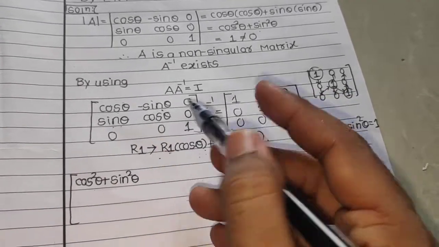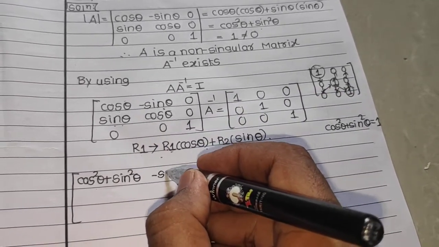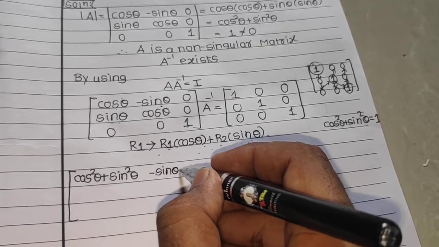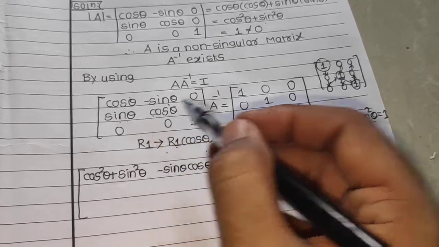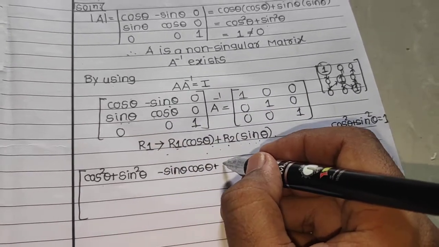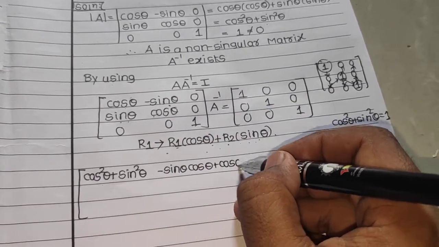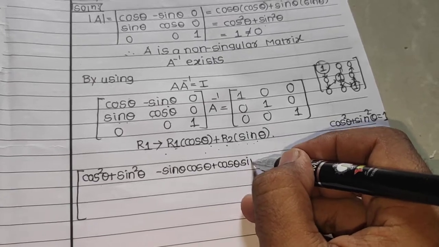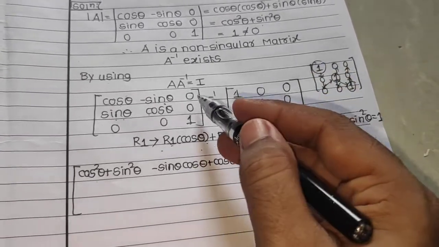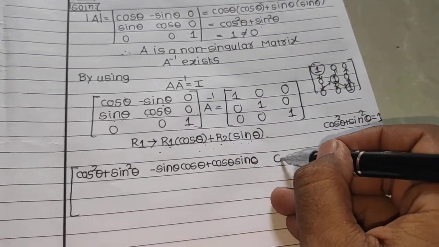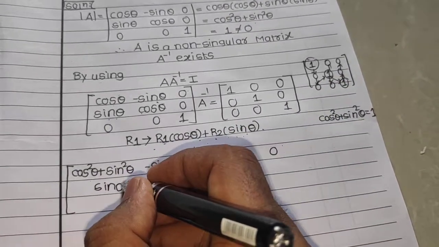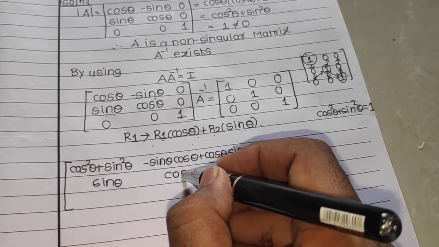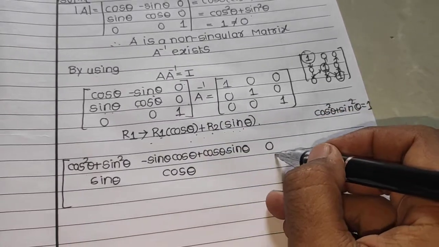R1 into cos theta, that is minus sin theta cos theta, plus R2 cos theta into sin theta. ये 0 है और 0 है, कोई मतलब नहीं रखते ये ऑपरेशन, 0 के साथ है 0 ही देंगे वापस। Rest of all elements are same.